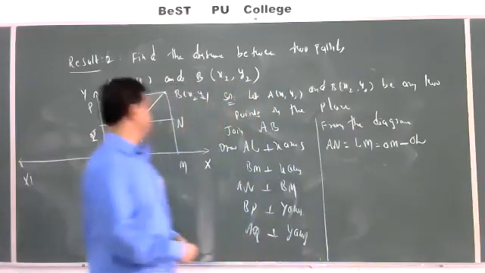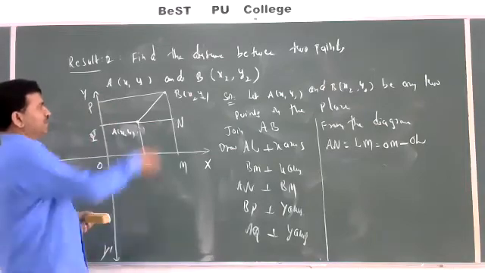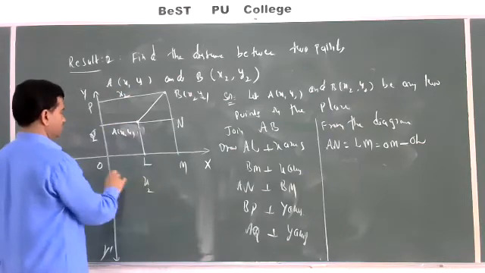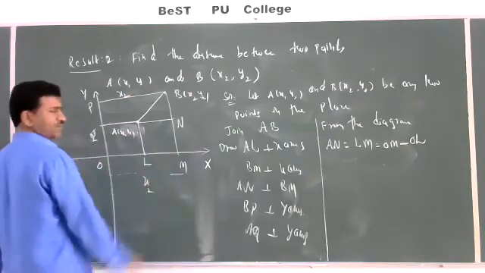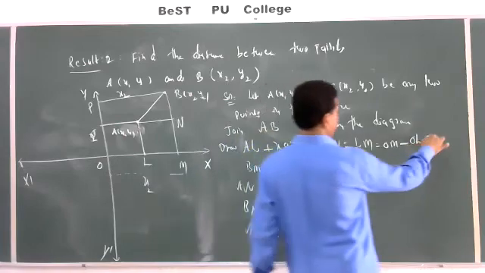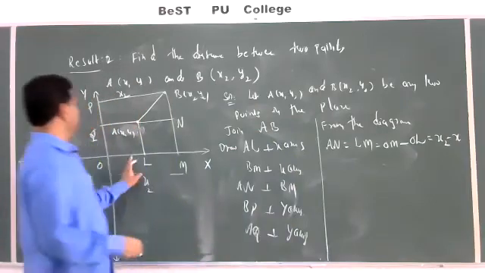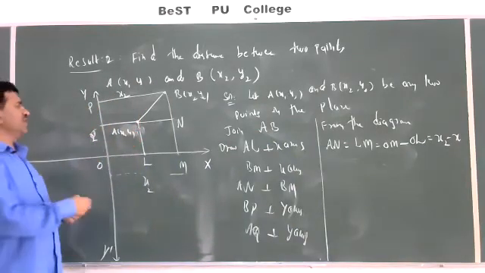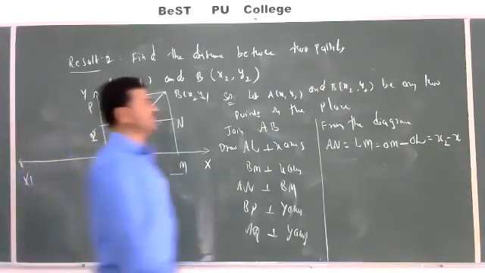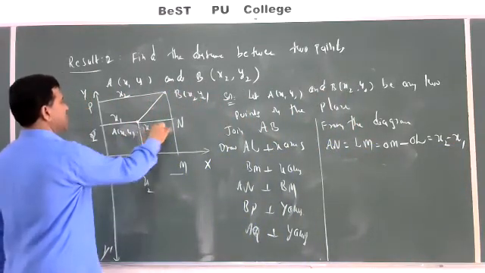What is the OM value? Perpendicular distance of the point B from the y-axis. It is nothing but x2. So OM is x2. Total distance is x2 minus, what is OL? See the OL value, perpendicular distance of the point from the y-axis. That is also the x coordinate, x1. x2 minus x1. So we can write here x2 minus x1.